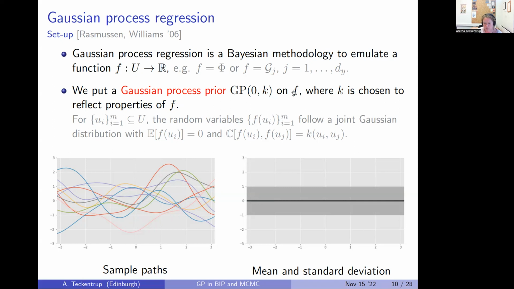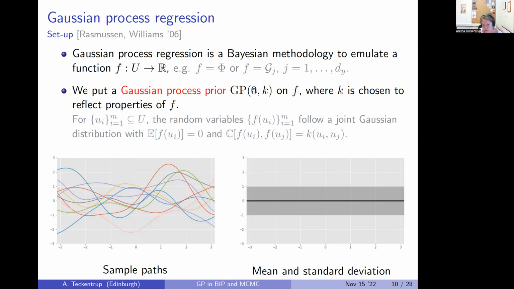The way it works is that you have your unknown function f. If this is a Gaussian process, that means at every point ui, you now have a Gaussian random variable. If you look at, for example, the point -1 here, then at this point your process f would be a Gaussian random variable, which in this case has mean 0 and standard deviation 1. So the mean of f at the point is given by 0 in this case.